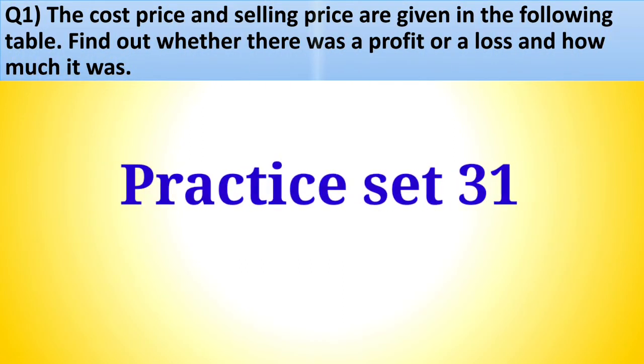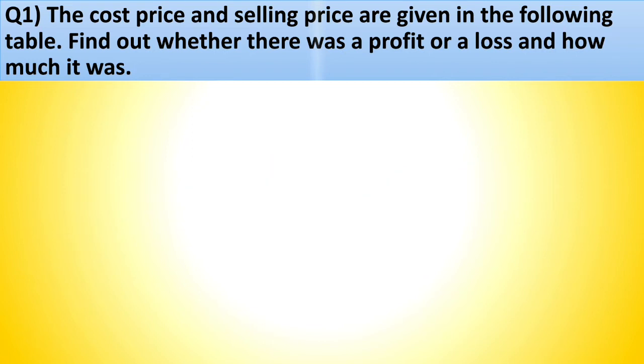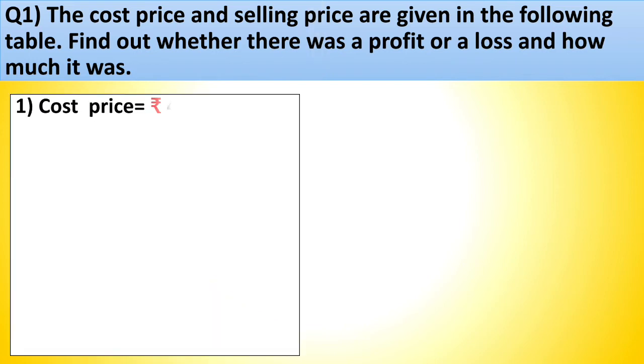practice set number 31. Question number 1. The cost price and selling price are given in the following table. Find out whether there was a profit or a loss and how much it was. In the table, the first sum is given. Cost price was given rupees 4,500.